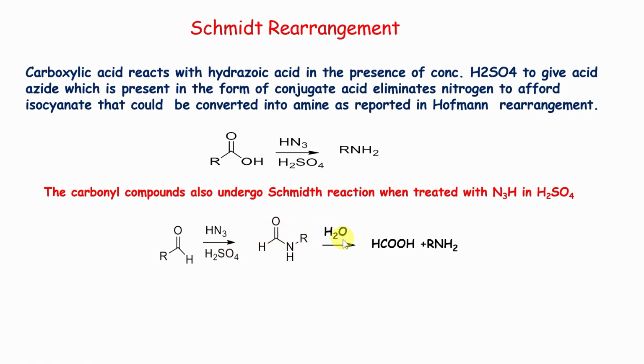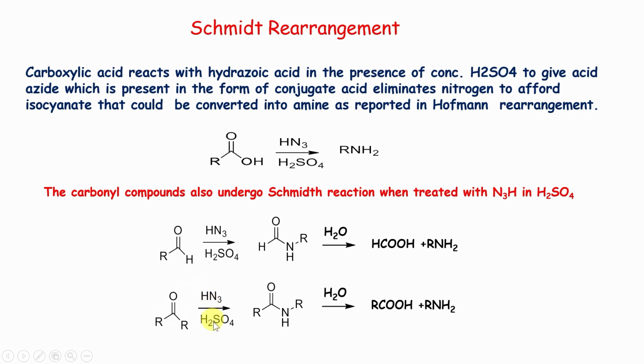Then it is an amide which on hydrolysis gives formic acid and primary amine. Similarly, if we treat a ketone with hydrazoic acid in the presence of sulfuric acid, this substituted amide is produced, which on hydrolysis we will get the corresponding acid and primary amine.